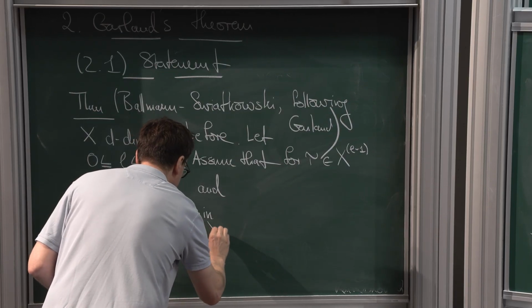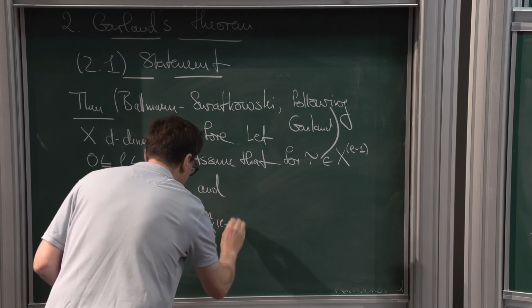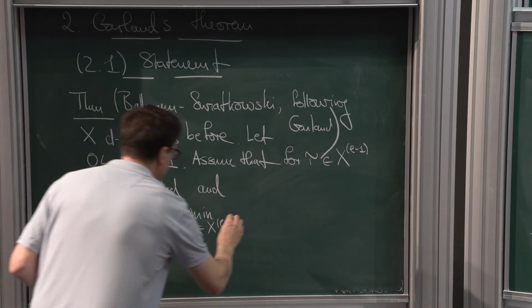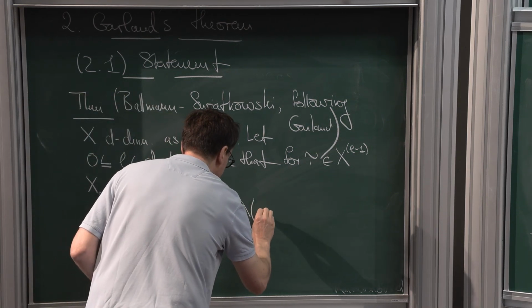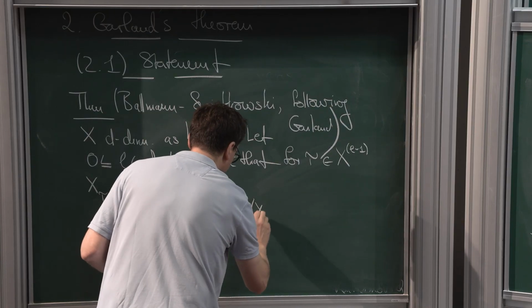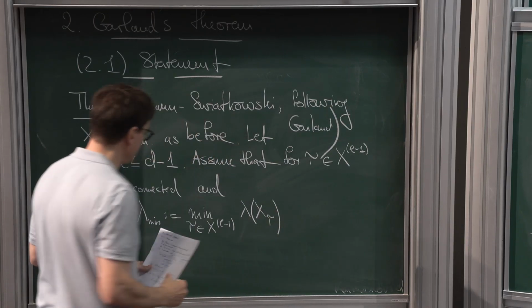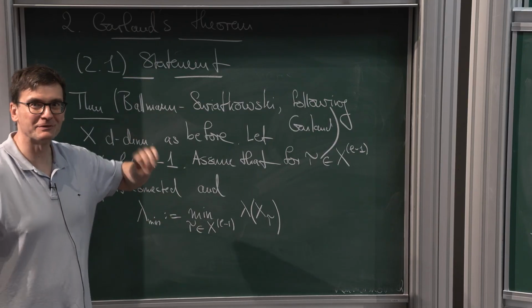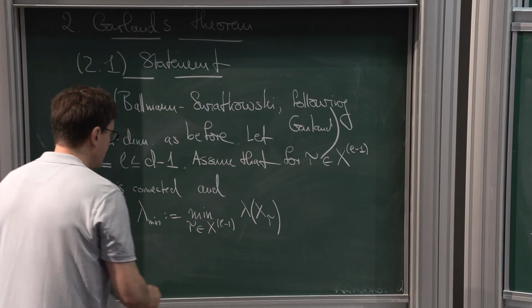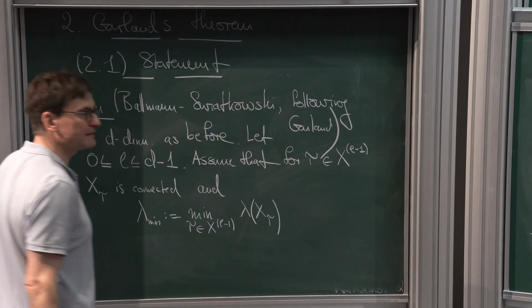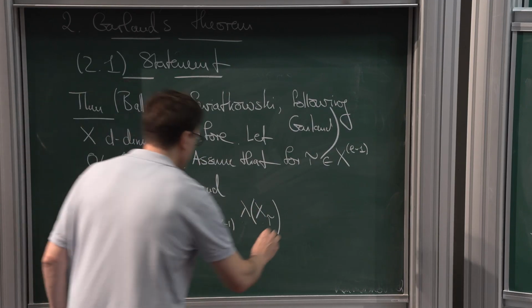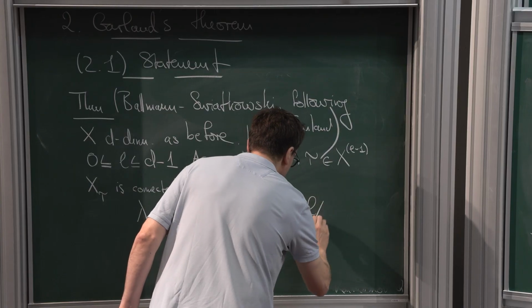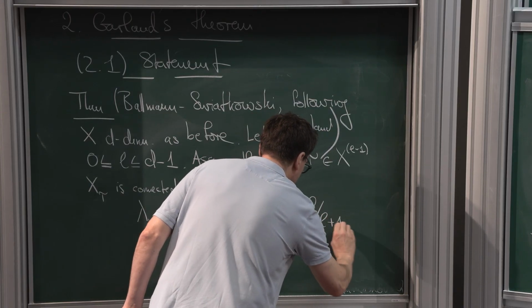If I look at all these taus, all these L minus 1 simplices, and I look at the Laplace operators in these links, in degree 0, so like the graph Laplacian, and I look at the first positive eigenvalue of that Laplacian, here is my condition: it should be bigger than L over L plus 1.